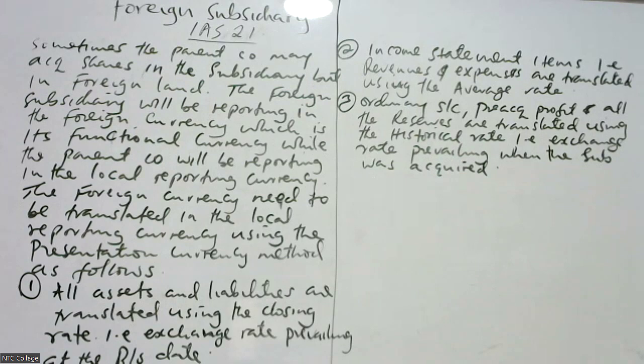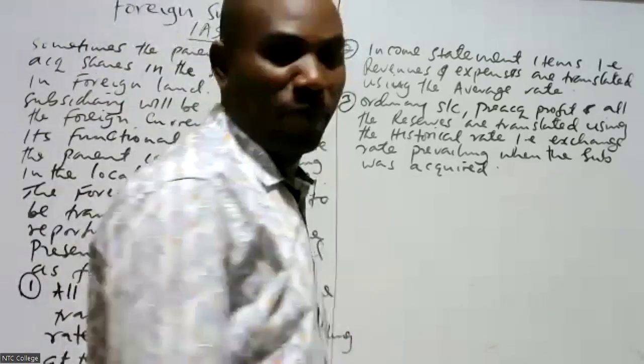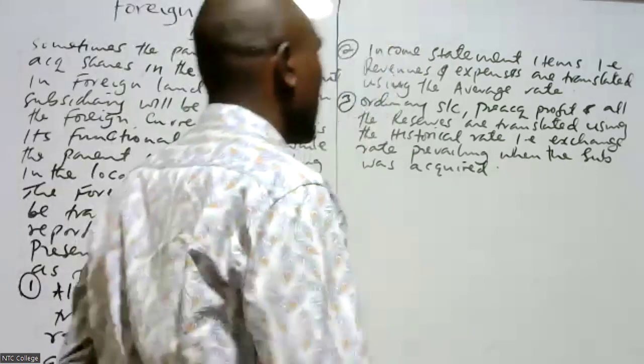Ordinary share capital in the subsidiary, pre-acquisition profit, and all the reserves. All the reserves include share premium and so on. They are translated using the historical rate.